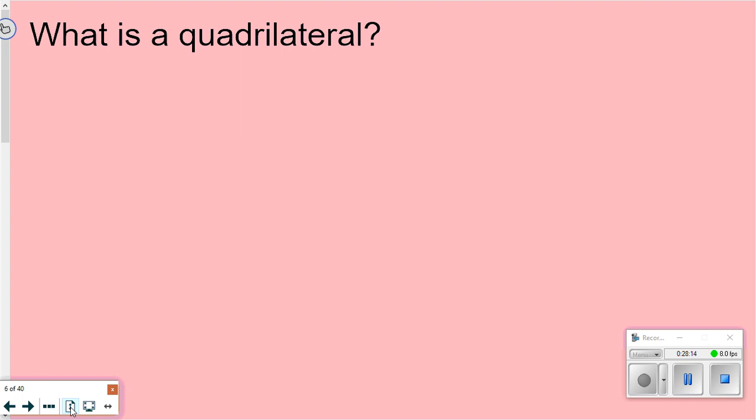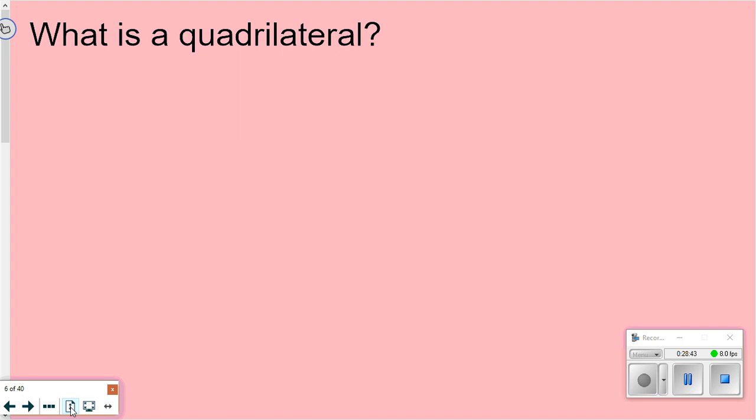Now I will tell you in 3rd grade geometry, we are going to spend a lot of time talking about quadrilaterals. This is mostly what 3rd grade is going to focus on. Yes, write this down. What is a quadrilateral?